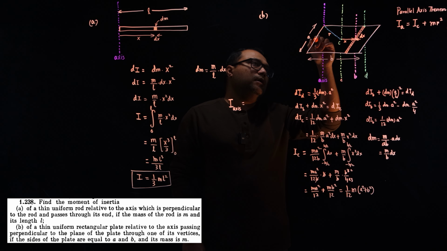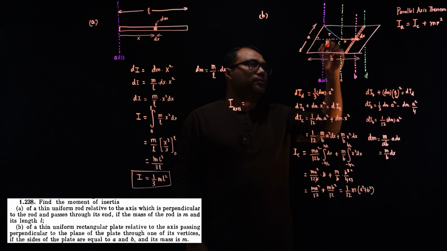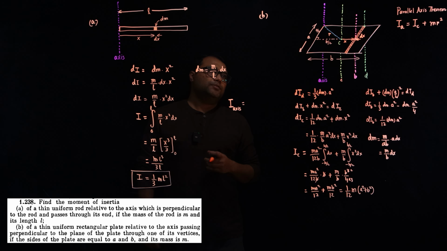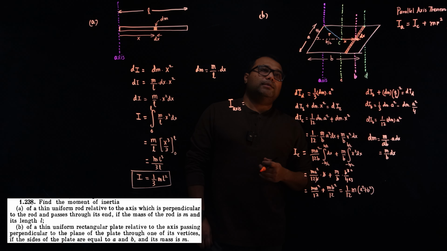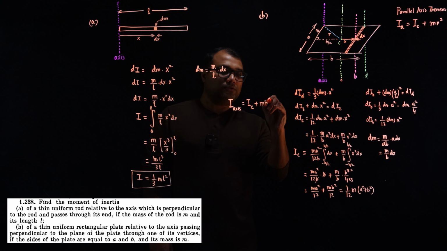So if I draw a perpendicular here, this distance is b by 2 and this distance is a by 2. So the r distance will be the square root of a square plus b square, by 2. So let me just write that. I_C plus m r square.